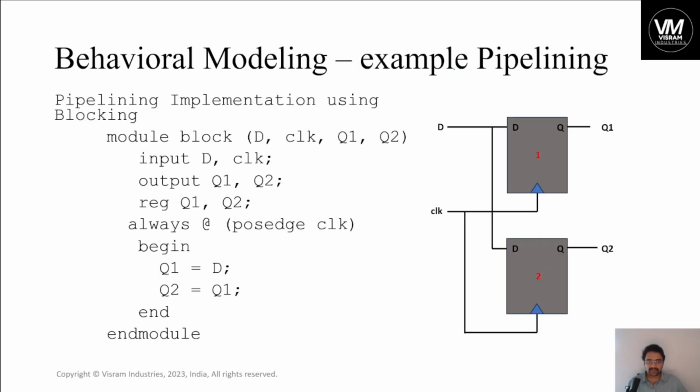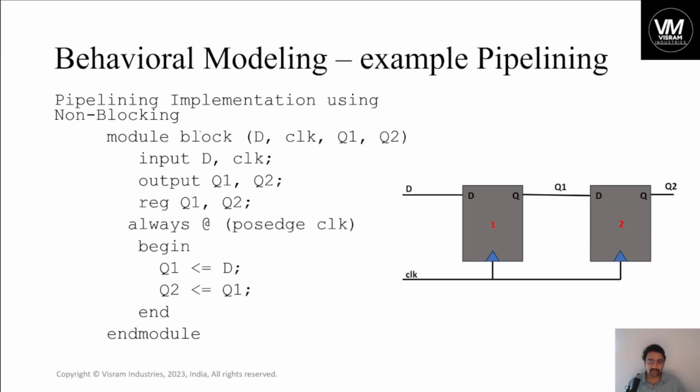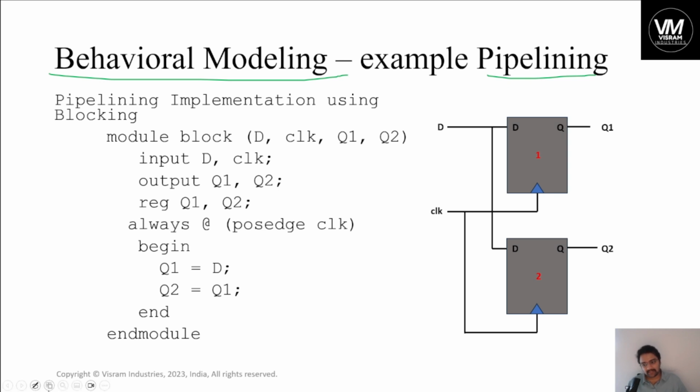And then coming to another example of behavioral modeling, pipelining is one important implementation using blocking and also using non-blocking. Some better examples are with D-FlipFlop, in the pipelining of 2 D-FlipFlops.